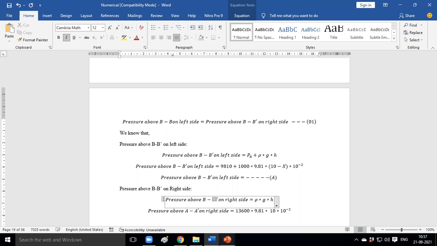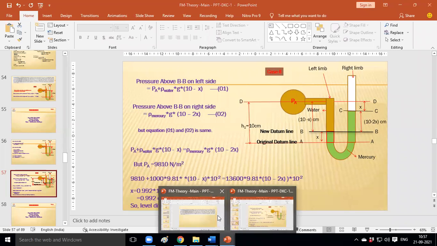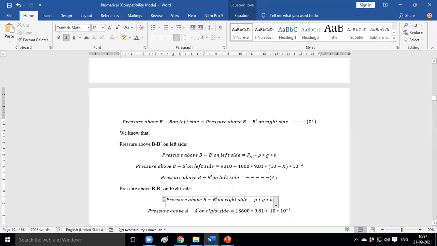Before that, how many fluids are above the datum line BB dash on the right side? One fluid. Which fluid is it? Mercury. And what will be the height of that mercury? 10 minus 2x. Okay, so write in that format.